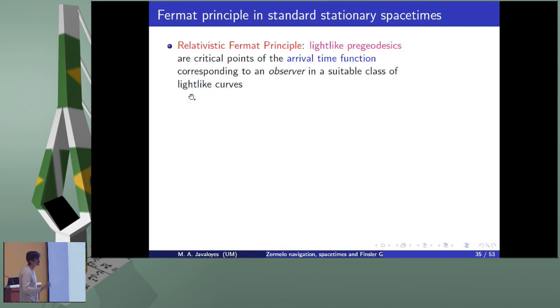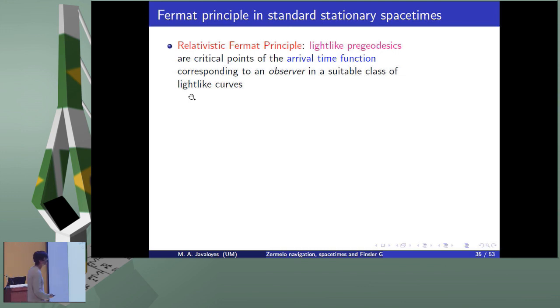So what does the relativistic Fermat principle say? Basically, you have to consider light-like curves between one point and a time-like curve. And what the principle says is that light-like geodesics are the curves that minimize the arrival time. So the Fermat principle says that light rays minimize time.